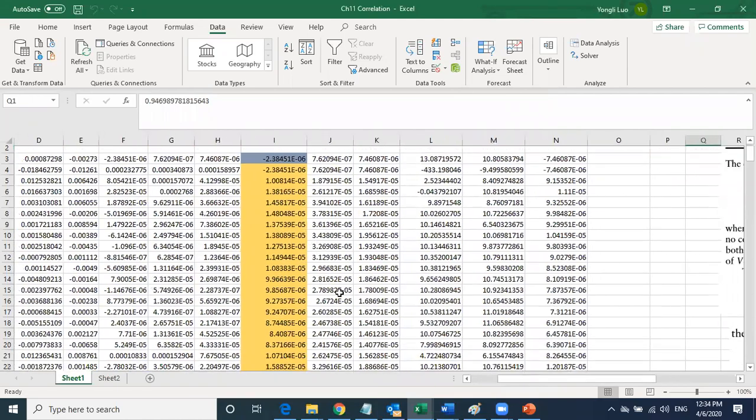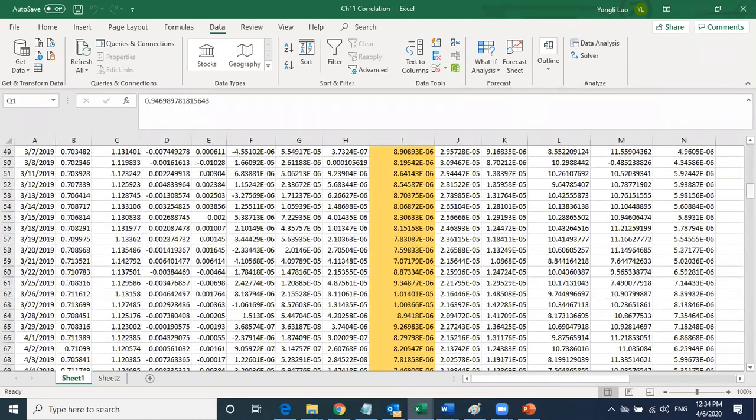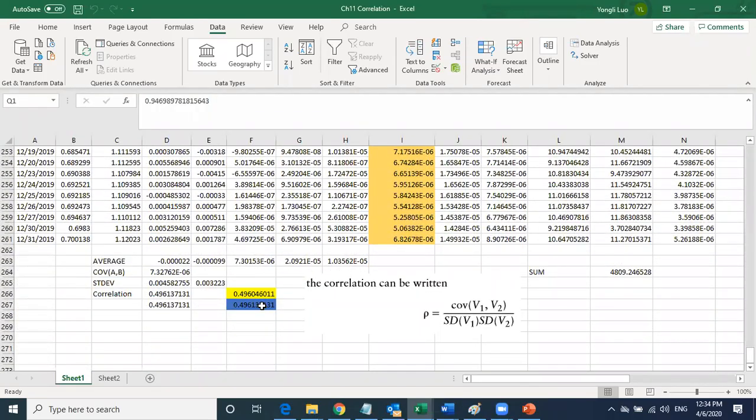Okay, this is how you do it. I will upload this file. It can help you see how to use the exponential weighted moving average to estimate the correlation, the dynamic correlation.